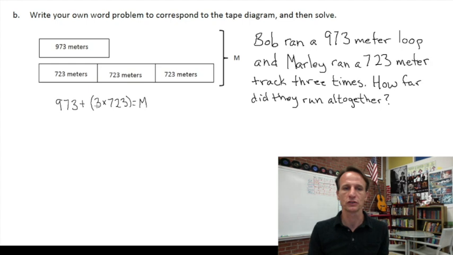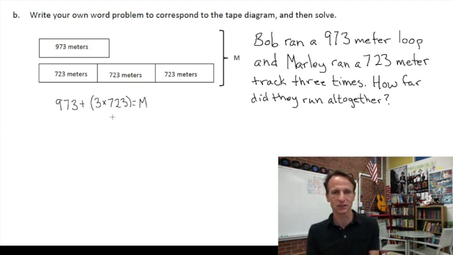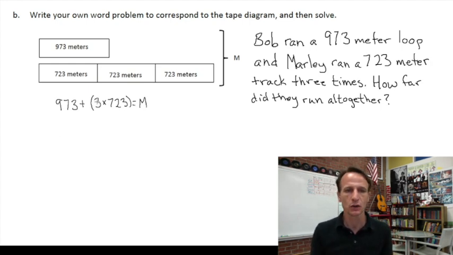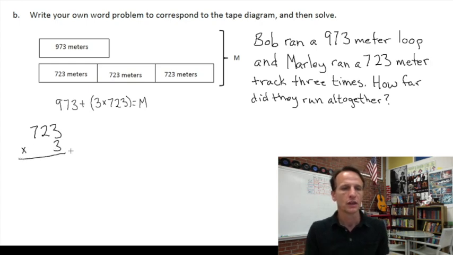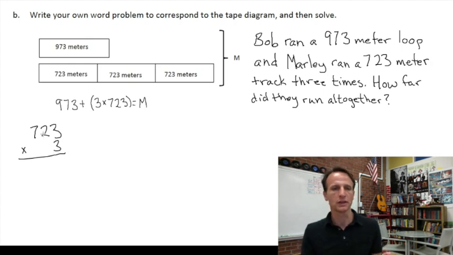So let's do the solution, which we already mapped out here in our equation previously. Because it's in parentheses, we'll do this 723 times 3 first, and of course we are using the standard algorithm, my friends. So it'll be 3 times 3, 3 times 2, 3 times 7, with regrouping as needed, which it really isn't any.